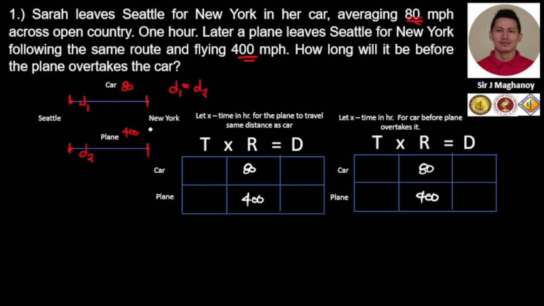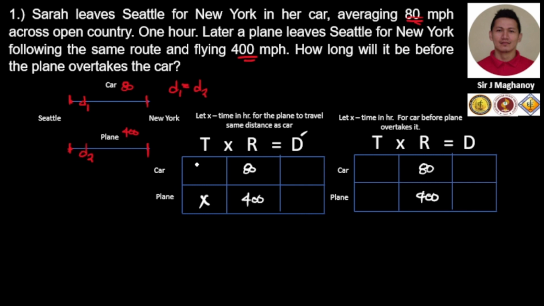Okay, how about for x? Here in our first box, we let x be the time in hours for the plane to travel the same distance as the car. We all know that the distance of our car is the same as the distance traveled by the plane.